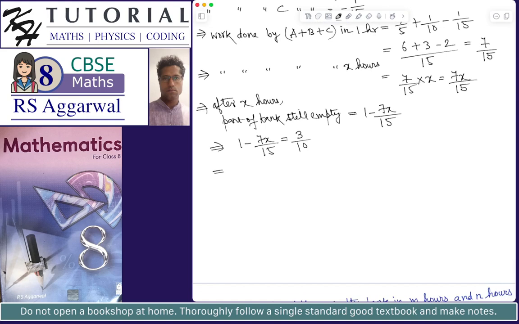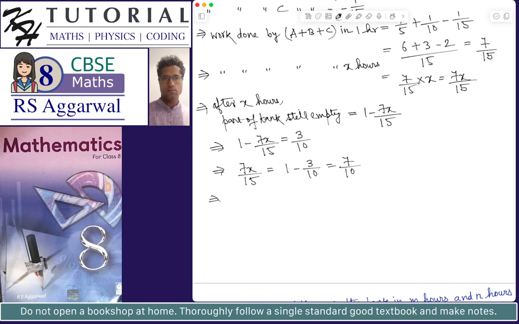So this is a linear equation in x. We have to solve for x. So 7x by 15 will be equal to 1 minus 3 by 10, which is equal to 7 by 10.